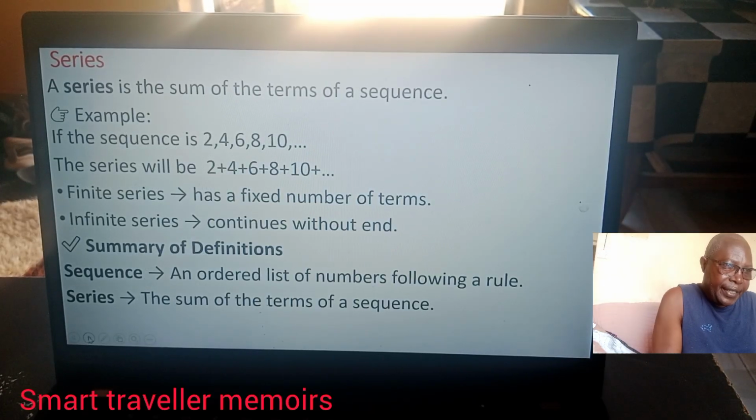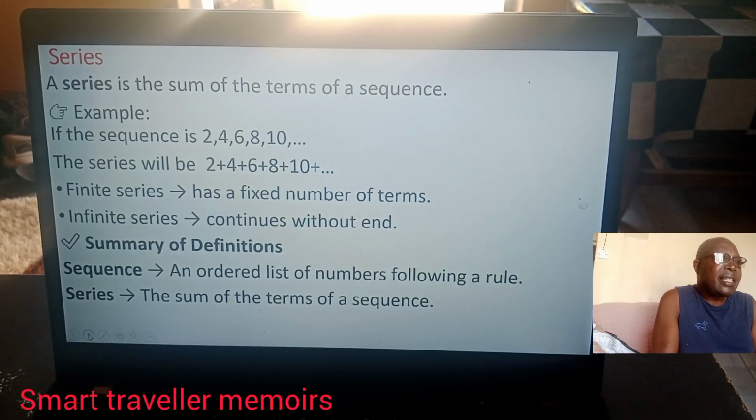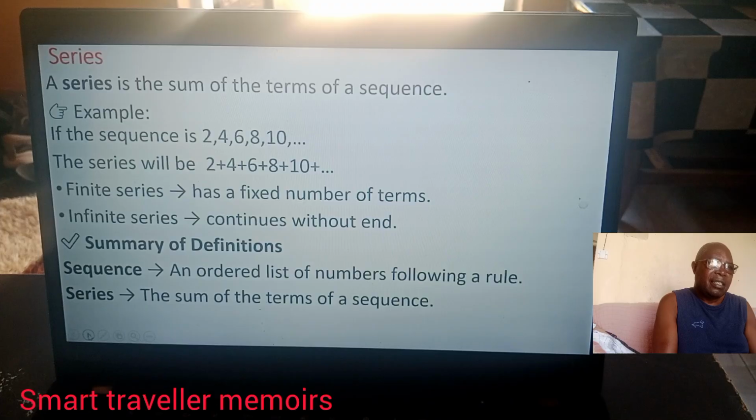A series, I beg your pardon. I'm now in series. And this is the definition. A series is the sum of the terms of a sequence. For example, if the sequence is 2, 4, 6, 8, and 10, and so on, the series will be 2 plus 4 plus 6 plus 8 plus 10 plus and so on.